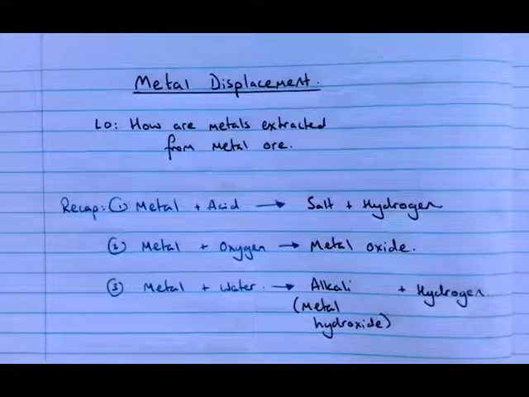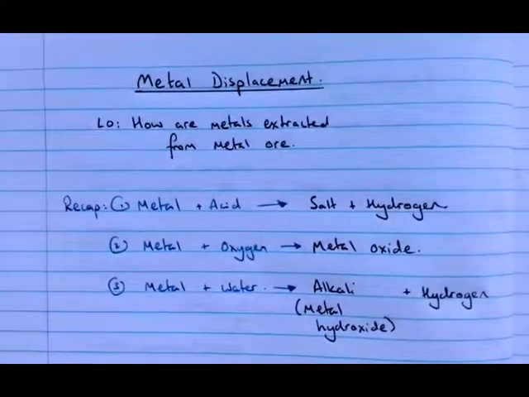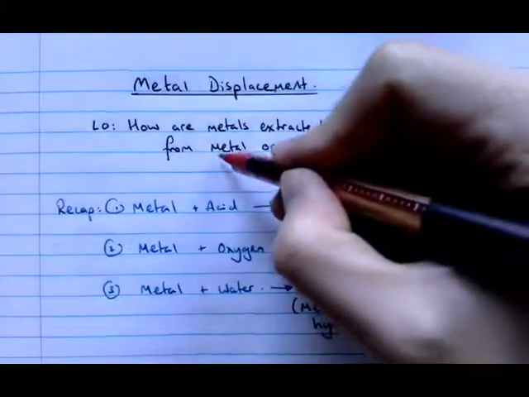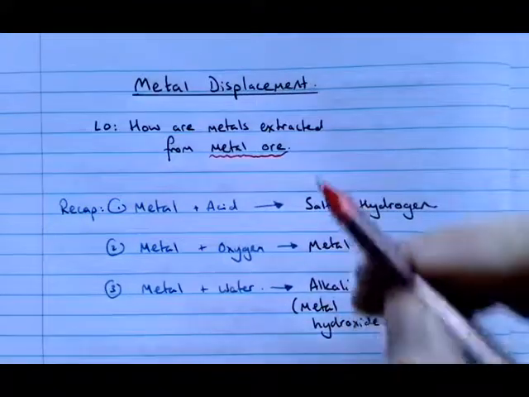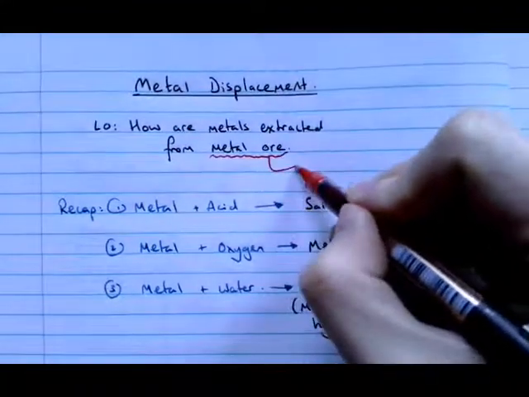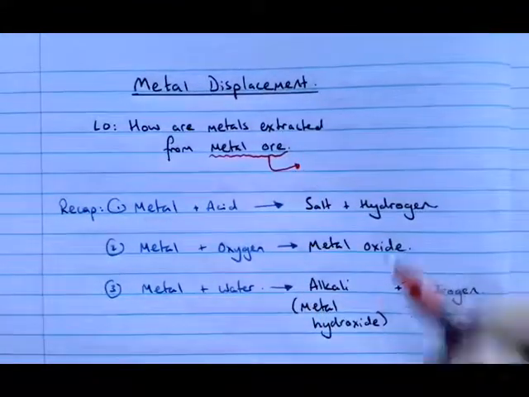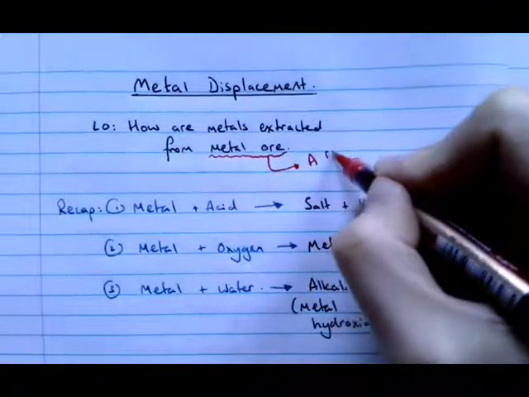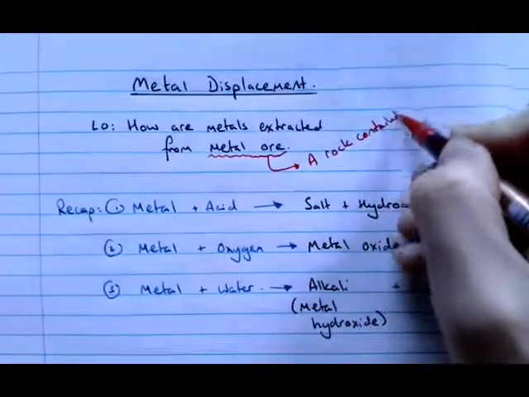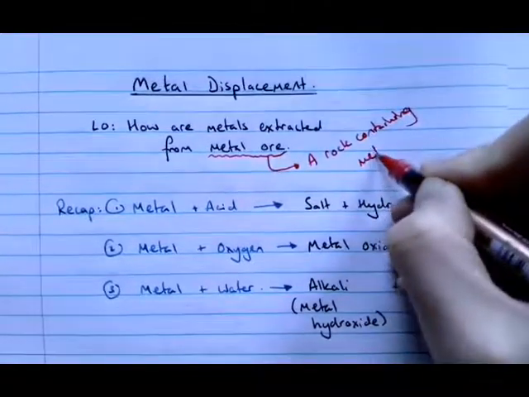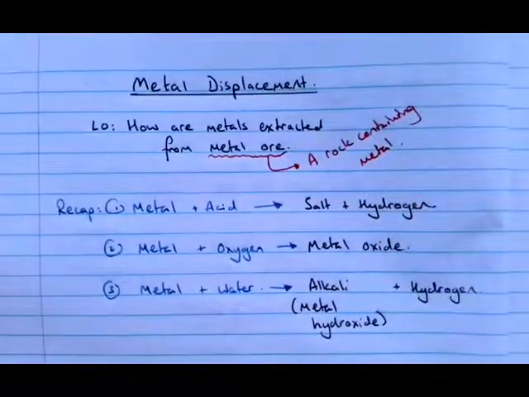All right, so on with today's lesson, which is extracting metals from metal ore. So number one is, what is metal ore? Okay, that's O-R-E. And this is a rock containing metal.